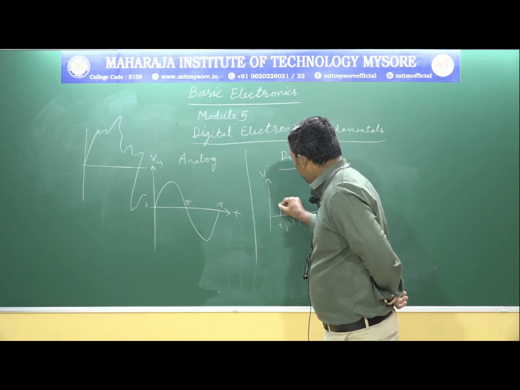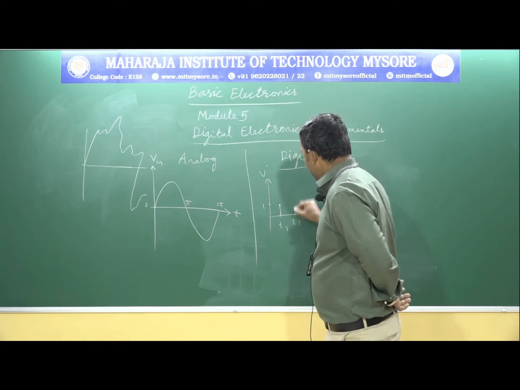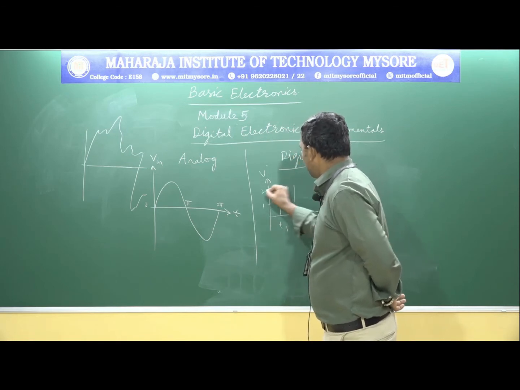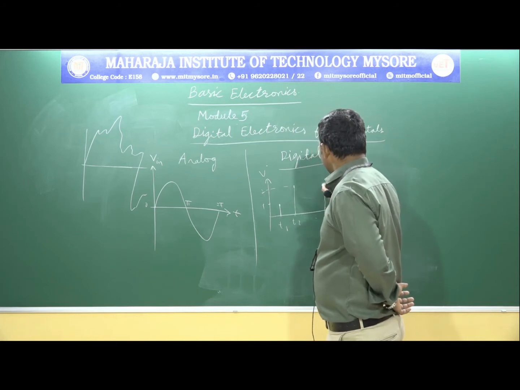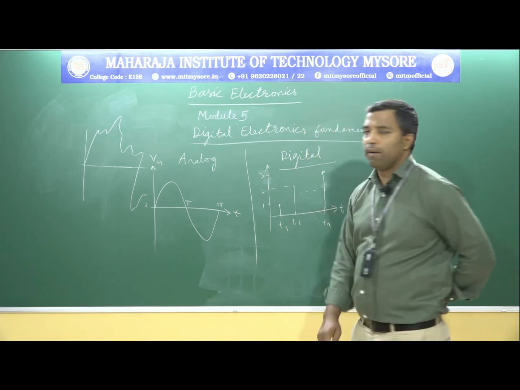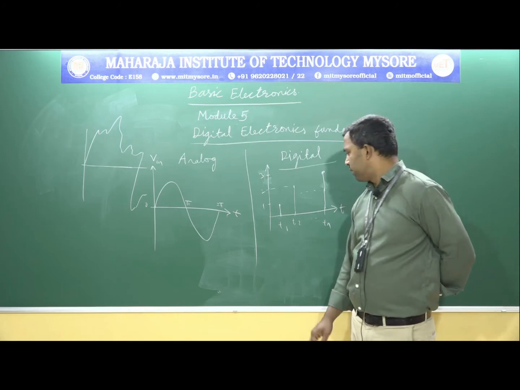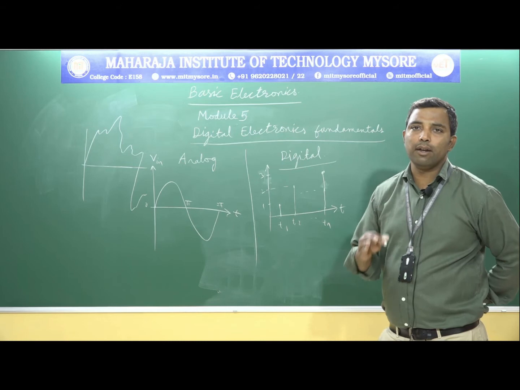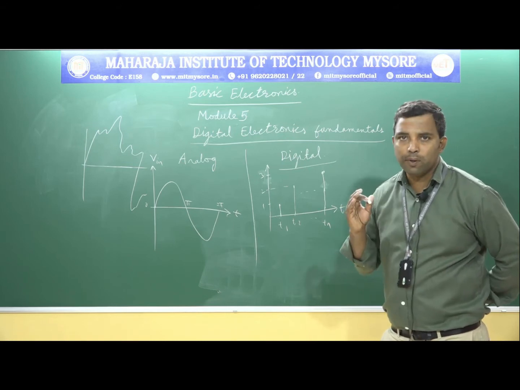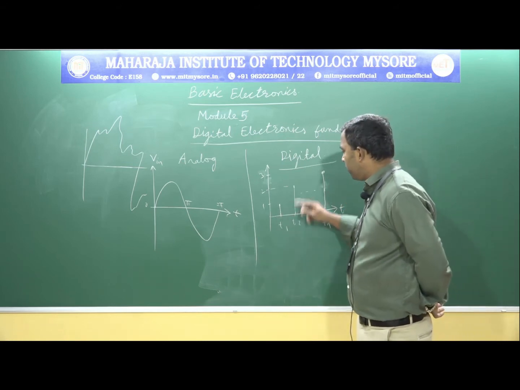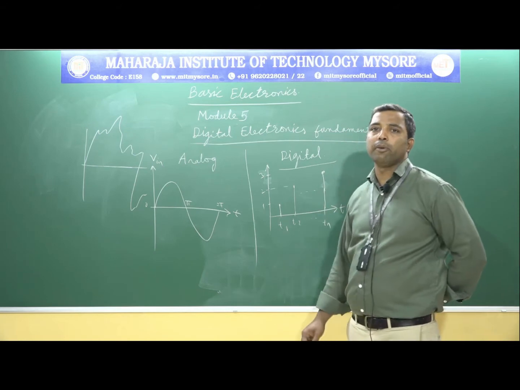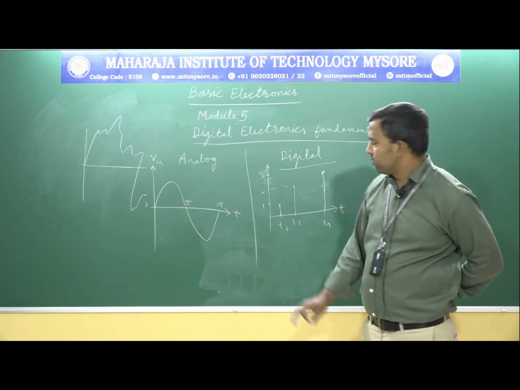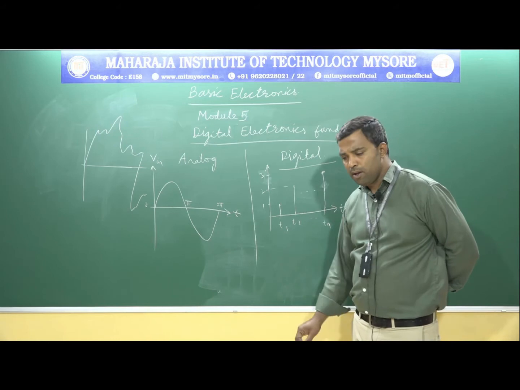So, the information is what? I will call this 1. At t2, this is 2. At tn, it is 3, etc. This is nothing but discontinuous. At different instants of time, you are getting different values of the amplitude or information strength. This is nothing but digital.